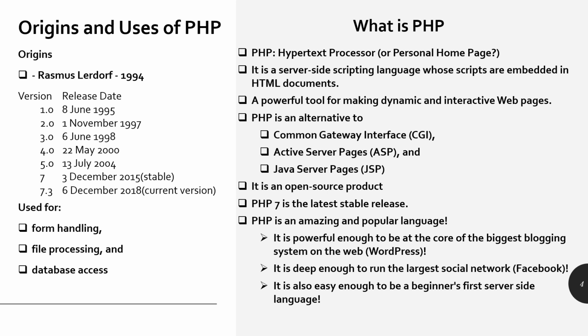During the year 1994, Rasmus Lerdorf took the initiative for developing PHP. After that, different versions were released. The first version in 1994, then the second in 1997, like that.